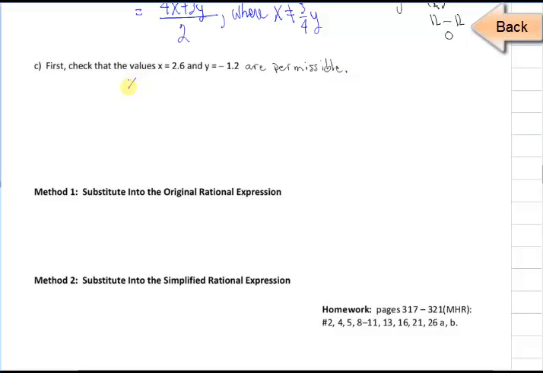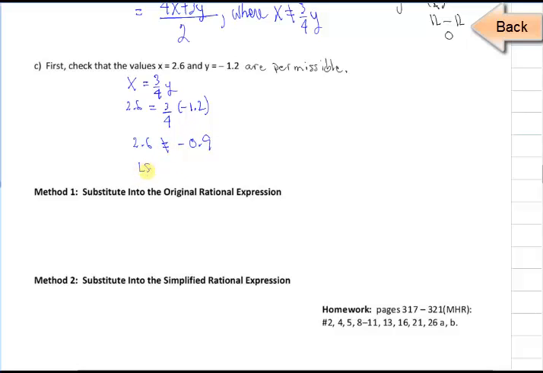So let's start by writing that x is equal to 3 over 4y, okay, because if x is equal to 3 over 4y, it would be considered non-permissible, okay? So I'm going to plug in 2.6 for x and negative 1.2 for y, and I get that 2.6 is equal to negative 0.9, okay, and we know that that's not true.